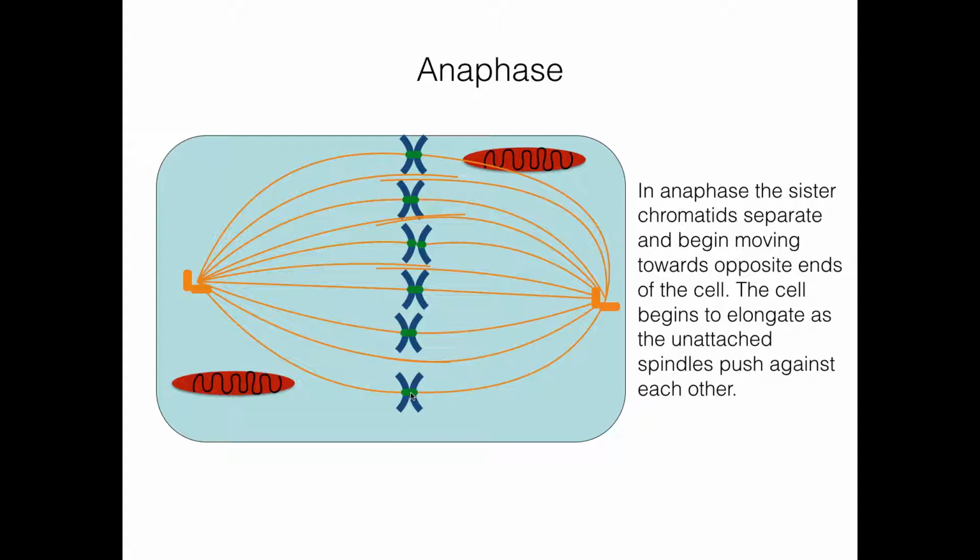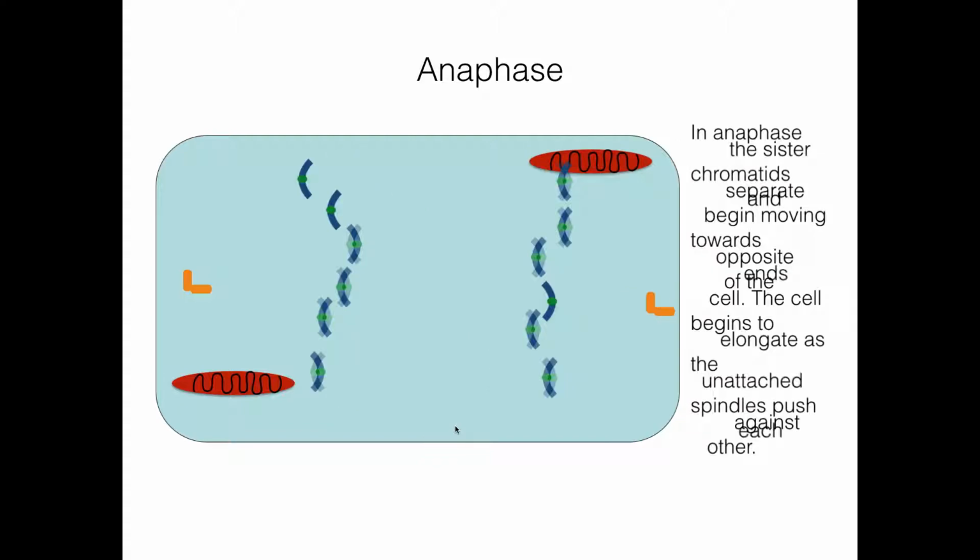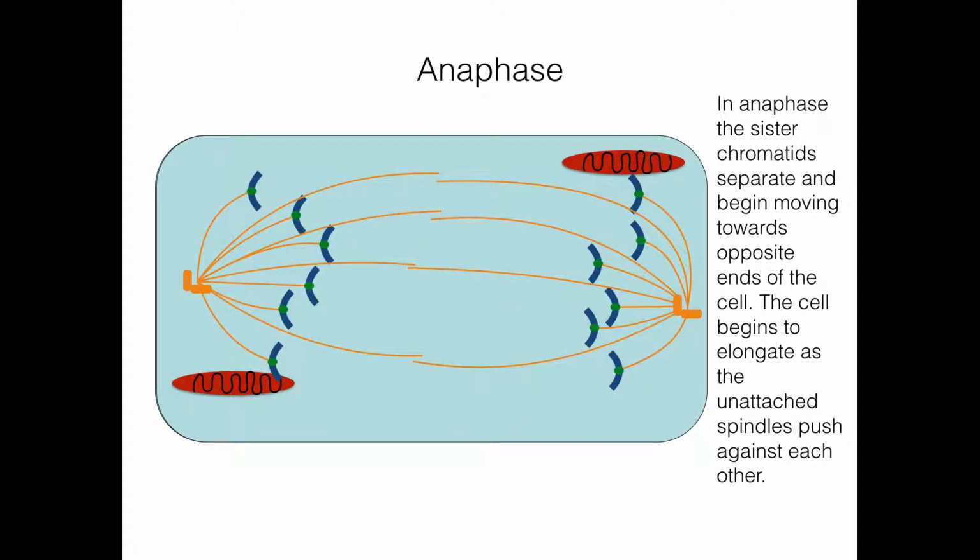And those chromosomes will walk themselves down the line of the spindle apparatus, just like you're sort of reeling in a fish. The other thing that has happened is these unattached spindles have actually pushed against each other in order to elongate the cell.